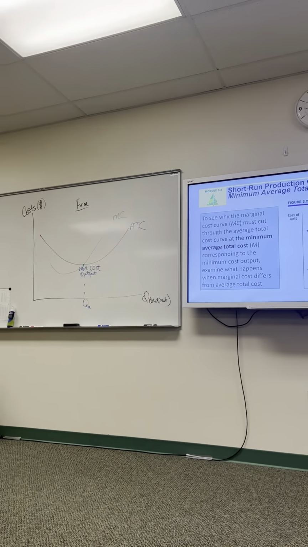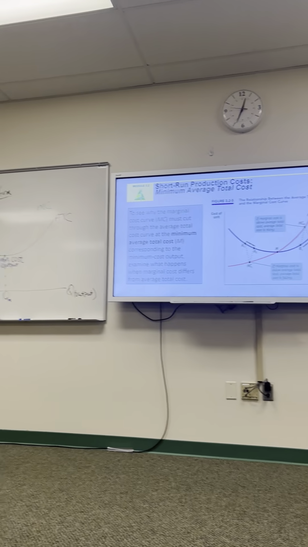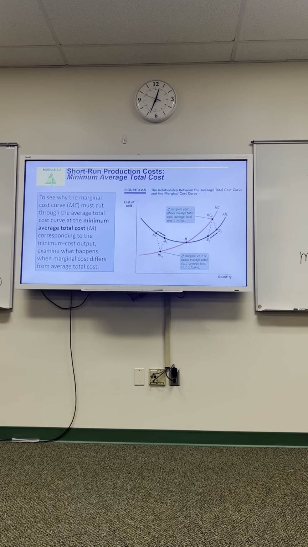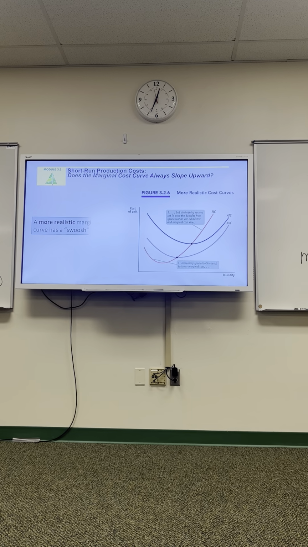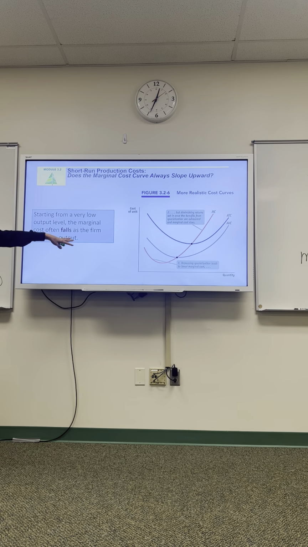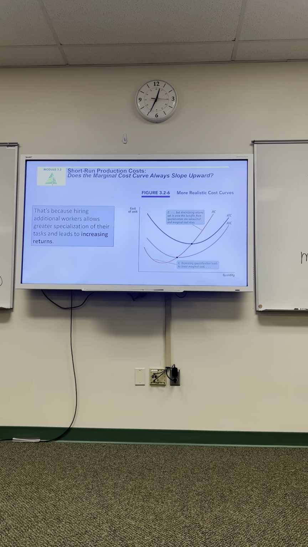This is a way of breaking down why it looks this way, and I'm not going to belabor all this because we've talked about it already. Then we have a more realistic marginal cost curve with a swoosh shape. At a very low output level, the marginal cost often falls as the firm increases output, because people are learning to specialize.